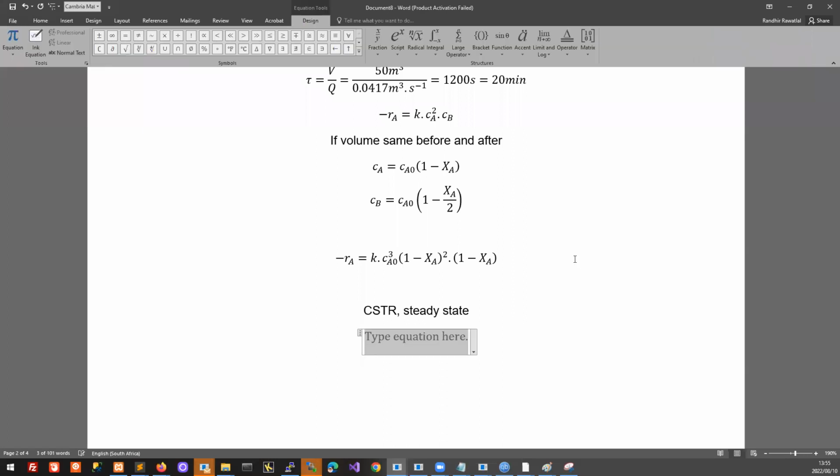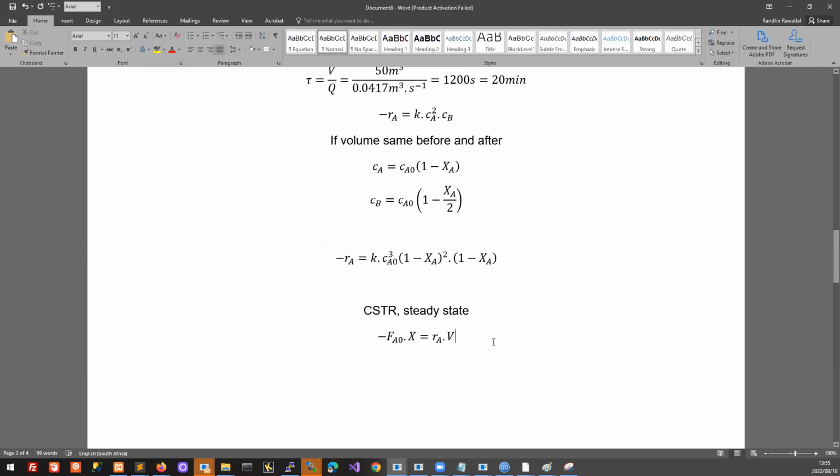We did see last time for a steady state CSTR, FA naught X equals RA V. And if we divide both sides by the flow rate Q, then we get FA naught divided by Q, the molar flow rate divided by the volumetric flow rate.